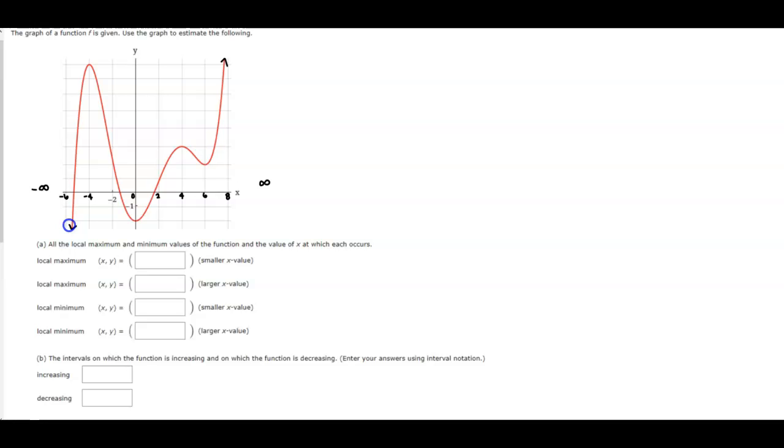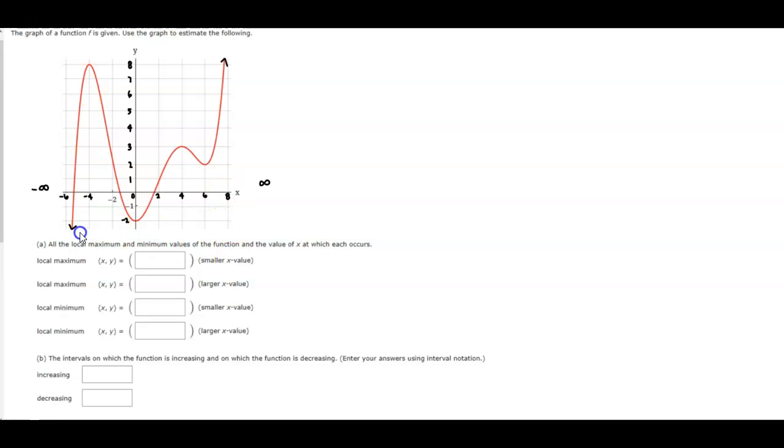And the y-axis is going in increments of 1, so negative 1, negative 2. And this is 1, 2, 3, 4, 5, 6, 7, and then 8.